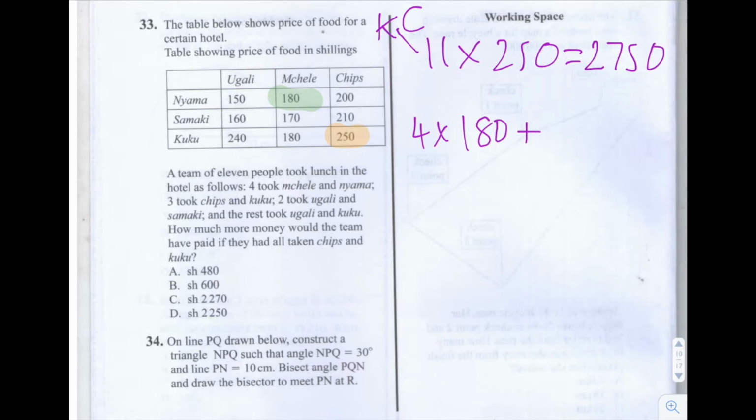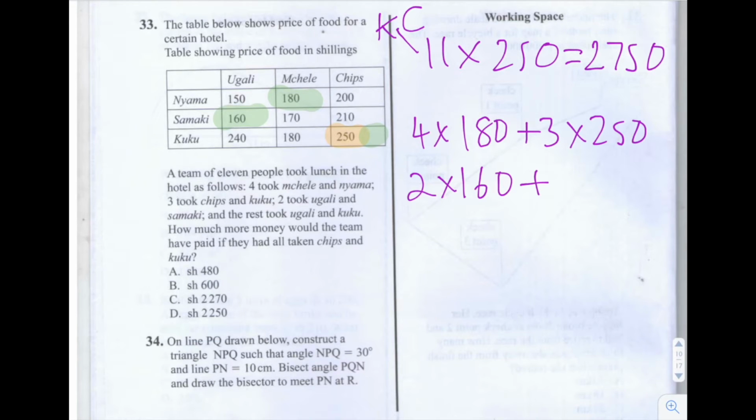Chips and kuku is here 250, so 3 times 250. And then 2 took ugali and samaki, which is here 160. So that's 2 times 160.